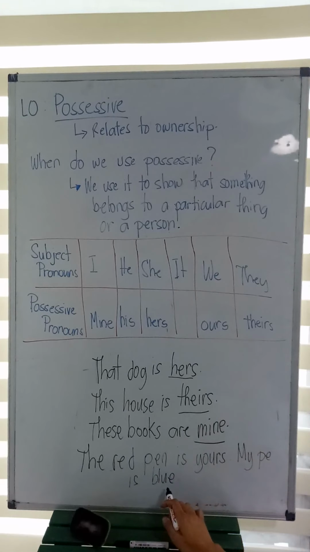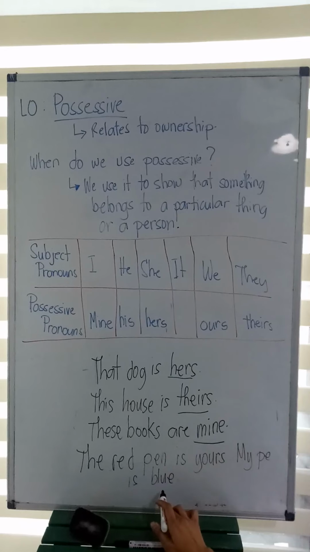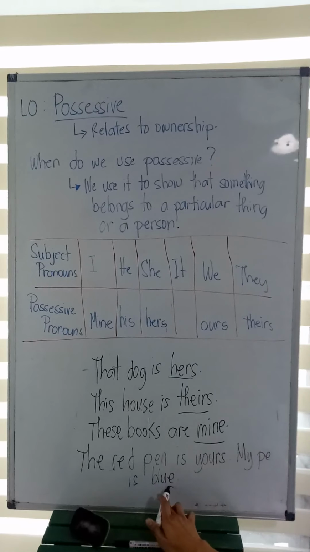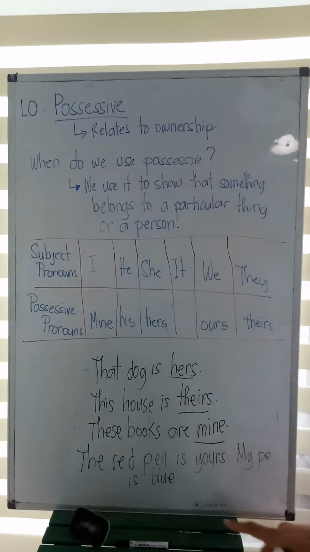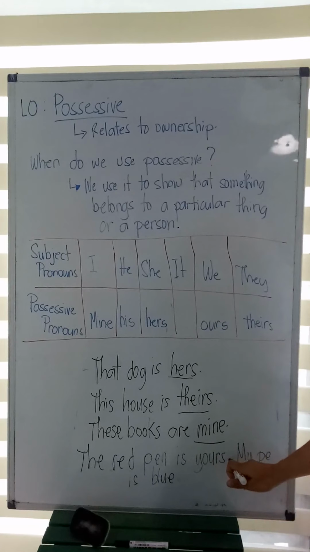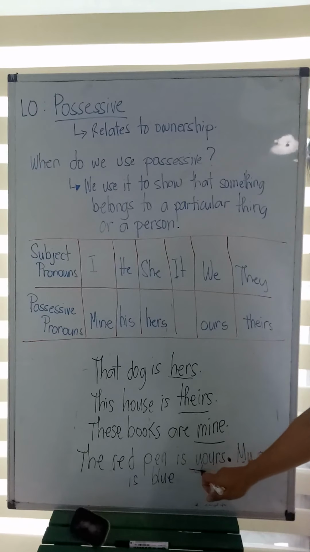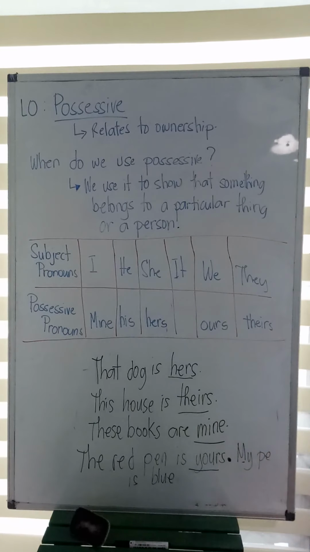You might confuse that this blue is the last word in the sentence, but you have to think of the full stop. There is a full stop here, and this one is a capital letter, which means this is also a sentence. And as you can see, yours is at the last word of the sentence. The red pen is yours.